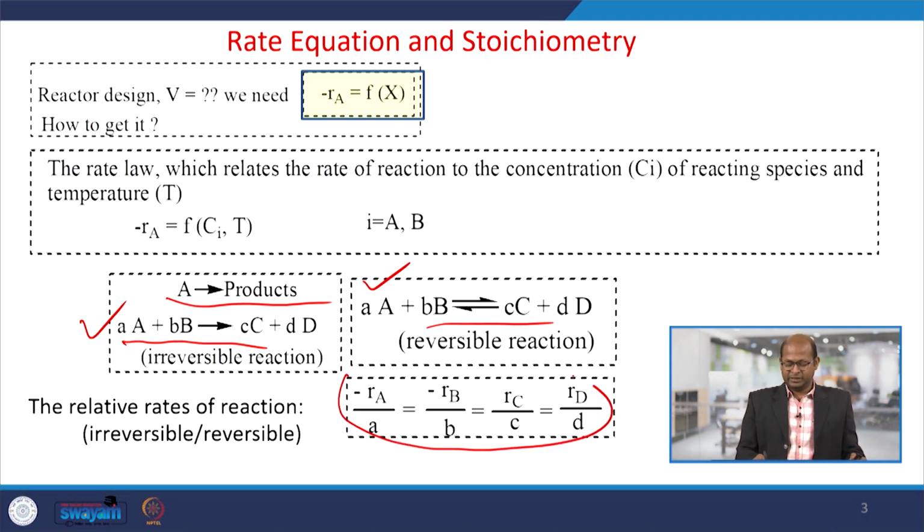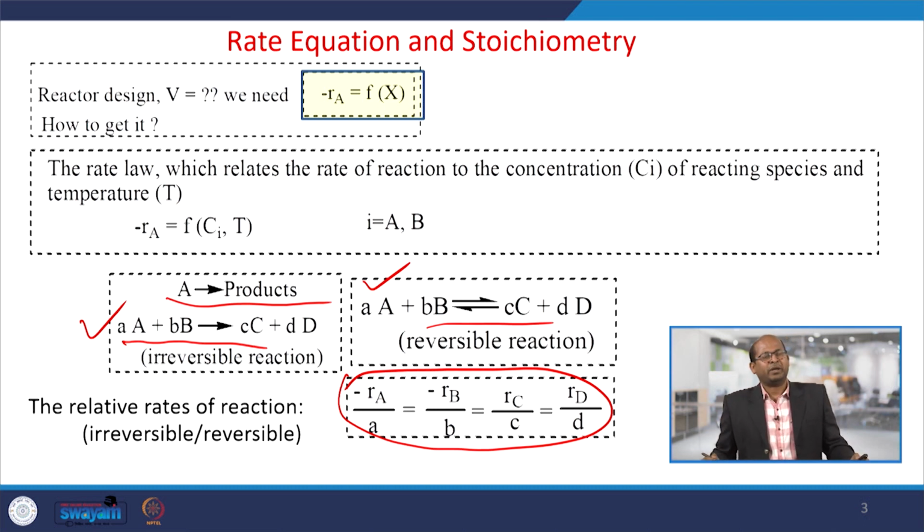Here is the relative rate of the reaction written on the basis of components A, B, C and D. Minus r_A is the rate of disappearance of component A, minus r_B is the rate of disappearance of component B, and r_C and r_D are for components C and D respectively.